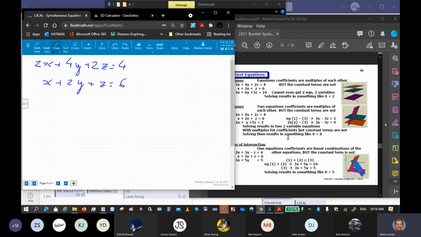And the third one is 2x plus y plus 5z equals 3.